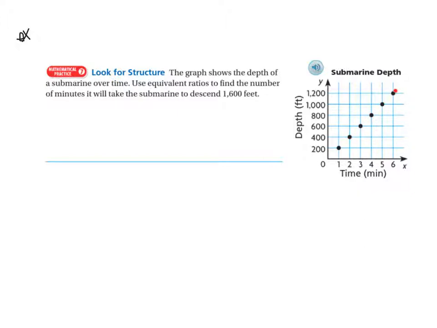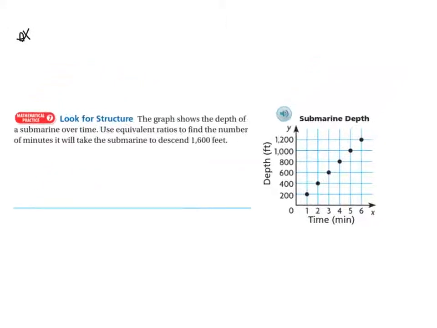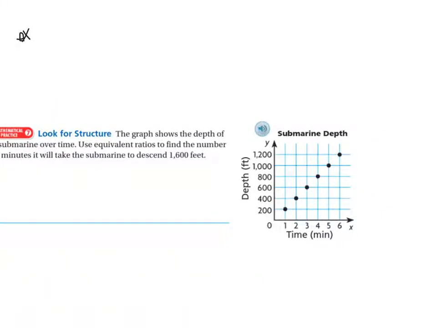So the question is how many minutes till it gets to 1,600 feet. I'm noticing that if I extend this graph out, it looks like we're going up by 200 each time. So let's see if I can pull this graph over here a bit so I have a little bit more room to write on it.